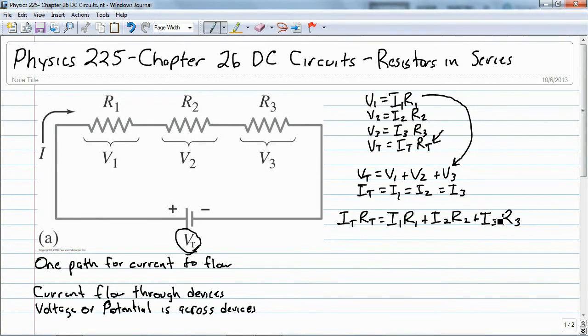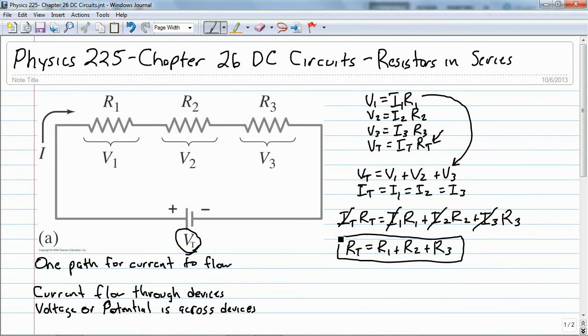And now all the I's have the same magnitude, so I can cancel my I's out, and I get my total resistance is equal to R1 plus R2 plus R3. And if I had more resistors in series, it would just be add the next resistor plus the next resistor, keep going on. So this is our total resistance.